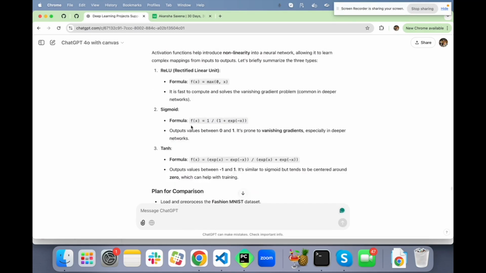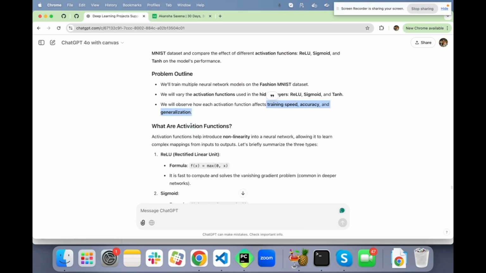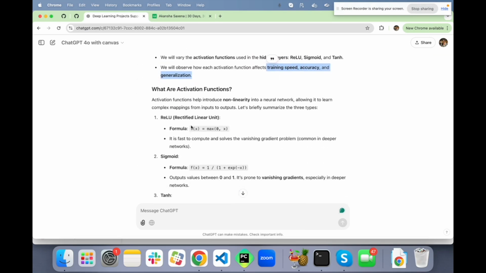Okay, let's start. So let's understand a little bit about these activation functions.